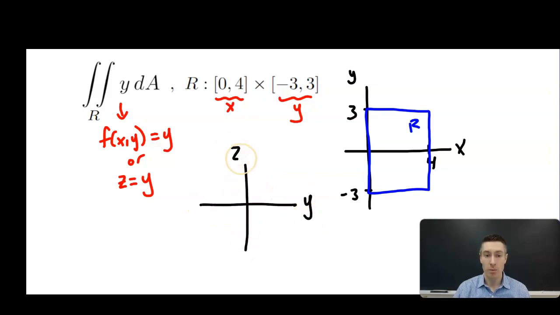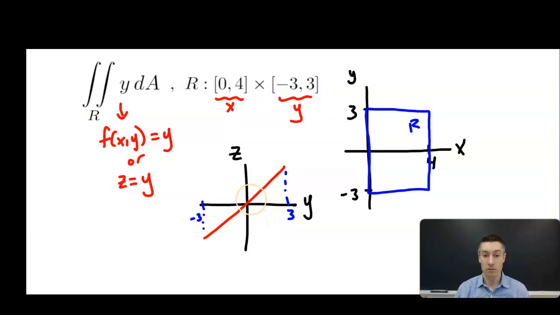So in the yz plane, z equals y looks like that. And remember, the y interval we're on is from negative 3 to 3. So right now we're looking at more of an area argument, and if we can make an area argument, then hopefully we can extend it to volume.